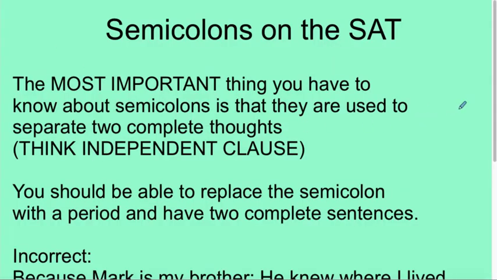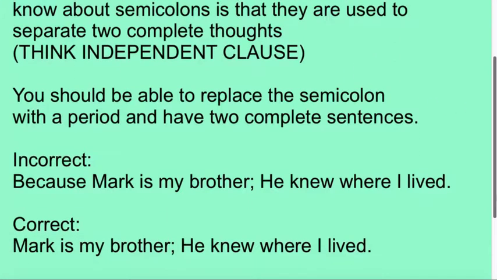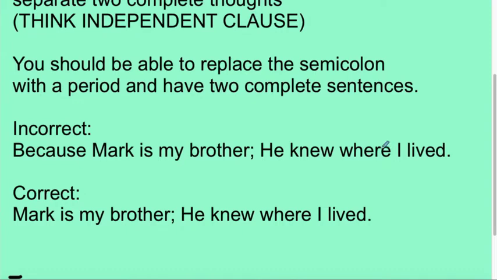It's important because the most important thing you have to know about semicolons is that they are used to separate 2 complete thoughts, meaning 2 independent clauses. You should be able to replace the semicolon with a period and have 2 complete sentences. Let's look at an incorrect and correct version. "Because Mark is my brother, semicolon, he knew where I lived."